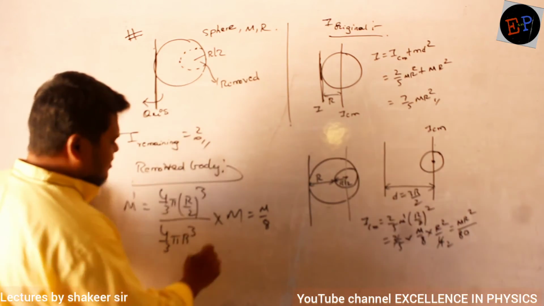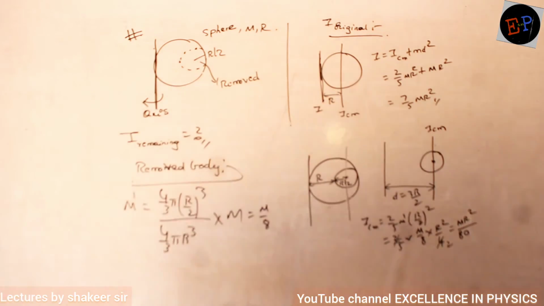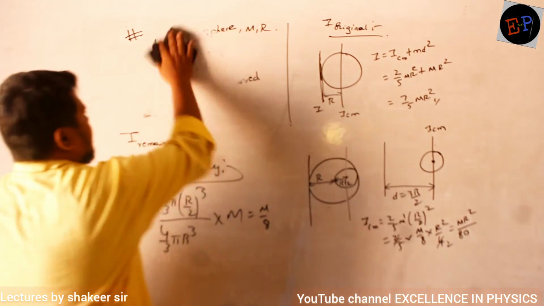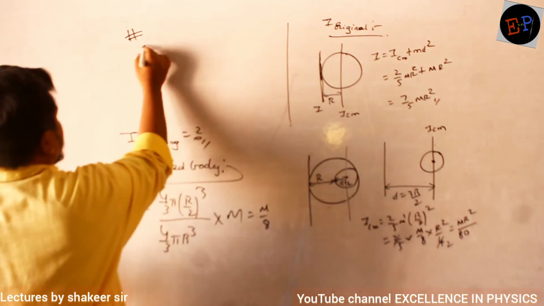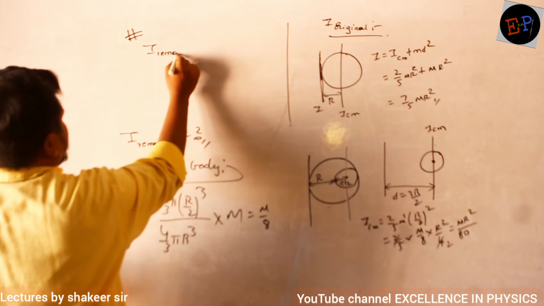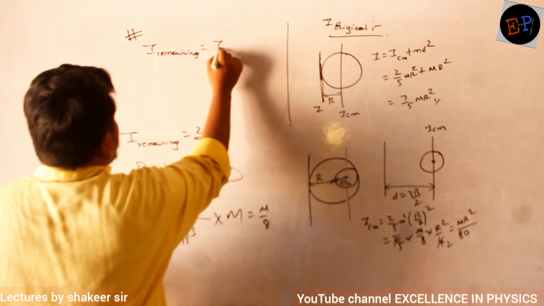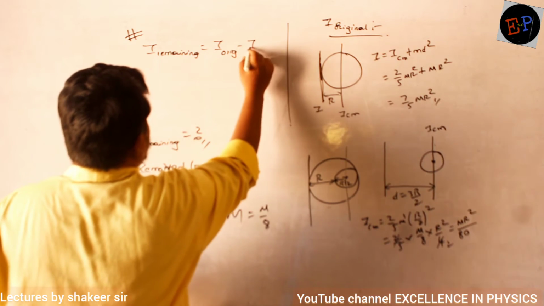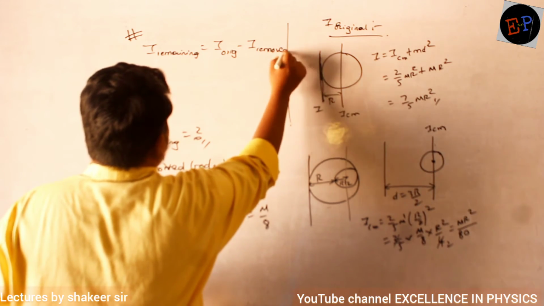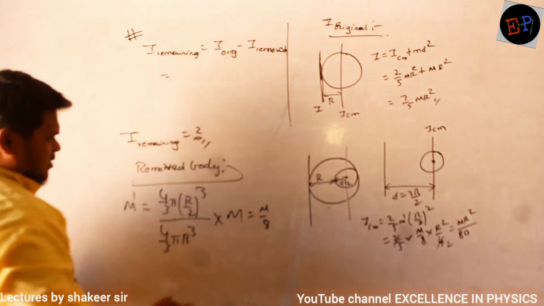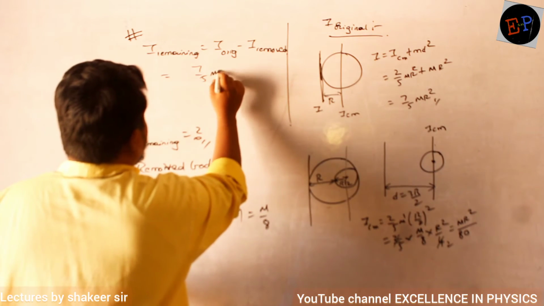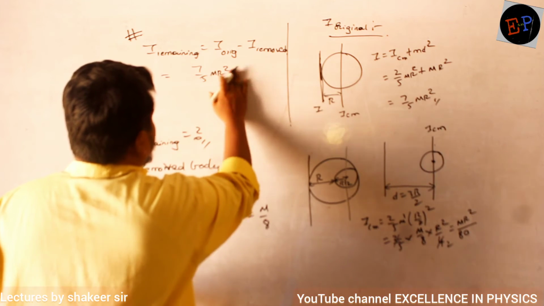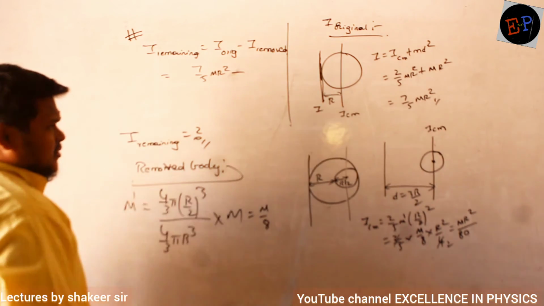What is the relation? I remaining is equal to I original minus I removed. That's all. What is the original moment of inertia? 7 by 5 mr square, minus the moment of inertia of the removed body.